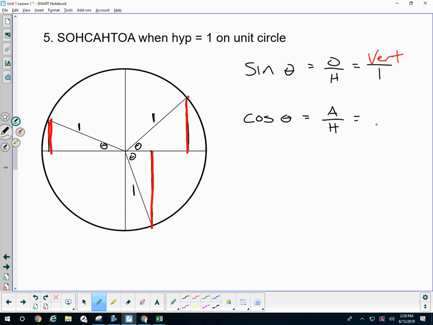But again, hypotenuse is always 1, and the adjacent side length is always this horizontal distance. Cosine is always the horizontal distance of your triangle that you've created. Tangent? Always opposite over adjacent. Well, it's always the vertical divided by the horizontal.